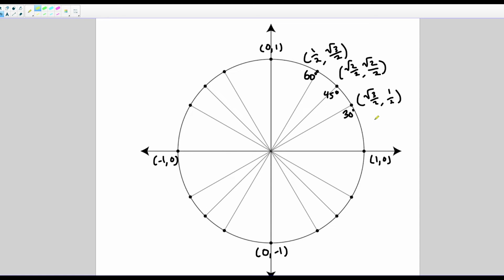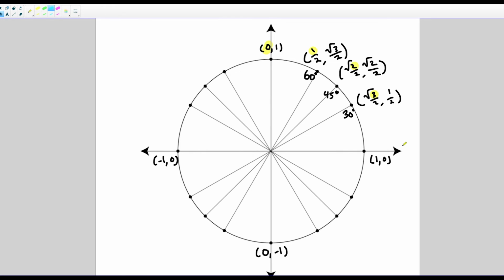The reason I say that is if you can count from 0 to 3, you'll be absolutely fine. Starting off with our point up here, remember we're starting off with our x values. Notice how we start with the 0 here. Going clockwise, we go 0, 1, 2, 3, and you'll notice that everything up here is square rooted. So we can think of this as square root 1, which is 1, square root 2, and then square root 3.